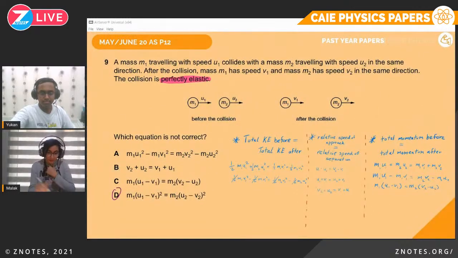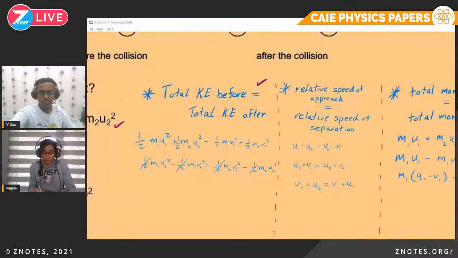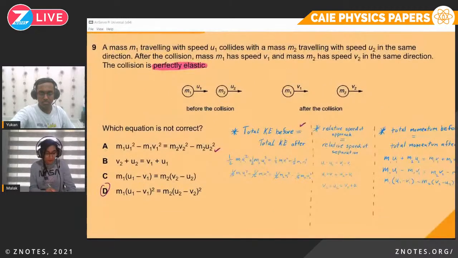So this one is correct due to this law. Second one is relative speed of approach equal to relative speed of separation, which means u1 minus u2 should be equal to v2 minus v1. Again, play around with the equation and you should get B. So B is true, again, due to the second rule.